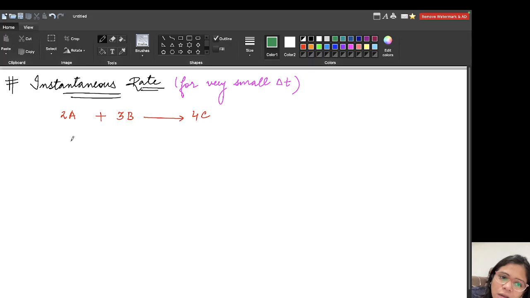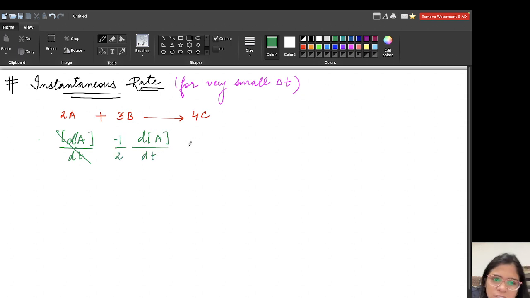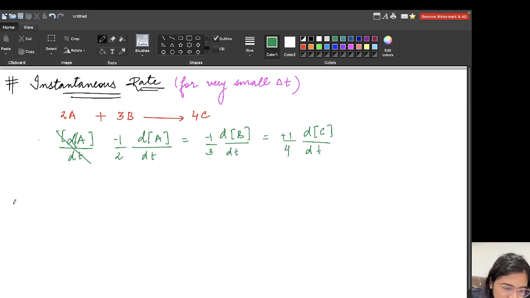Instead of delta, you just need to write d. So minus half dA by dt, which is equal to minus 1 by 3 dB by dt, which is equal to plus 1 by 4 dC by dt. Same thing only. And how do you write the graphical representation?